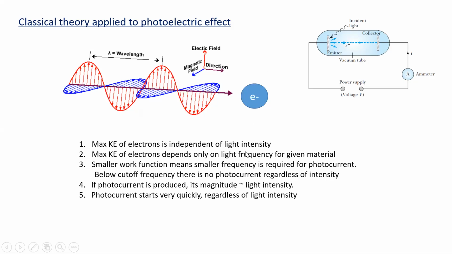So it would experience more and more shaking, and so we would expect to get more kinetic energy coming out for the electrons as the light intensity, as the amplitude of the electric field, is increased.